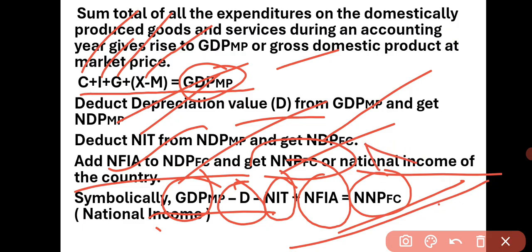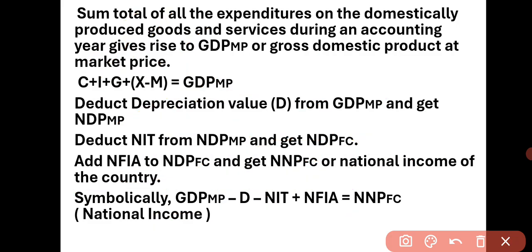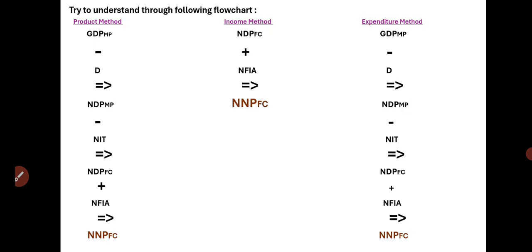This is the national income of the country. So you can measure national income through the expenditure method in this way, right? Then you see, I have given a flow chart just to remember these things.